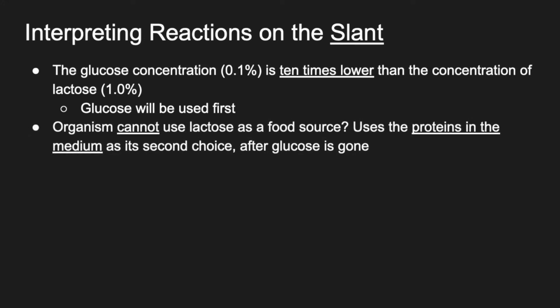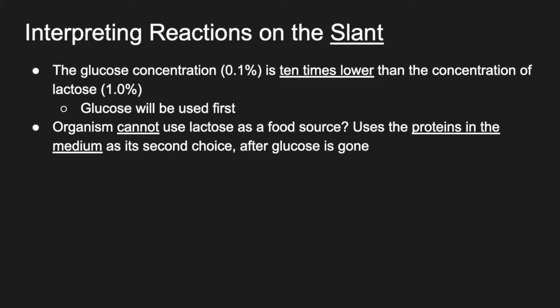If an organism cannot use lactose as a food source, it will use up all of that glucose that's in the media, that 0.1% of glucose, and then it'll start using the proteins in the medium as its second choice of food source.